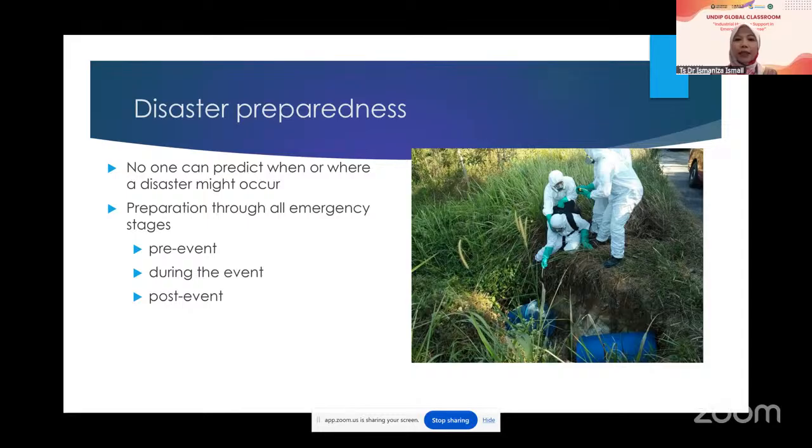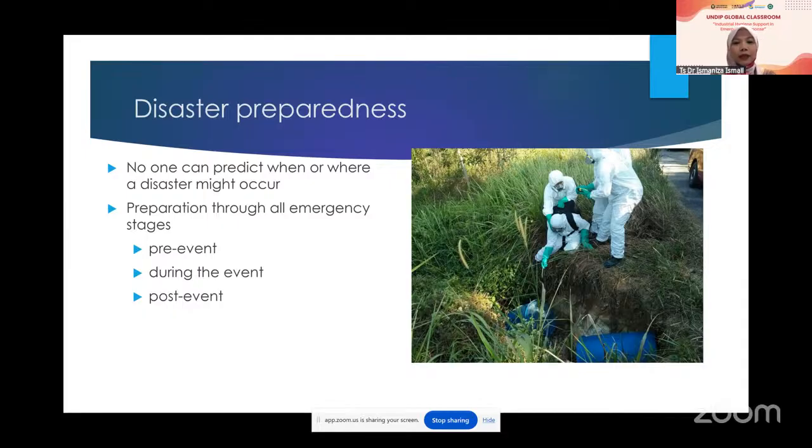But somehow we still behave like it will happen later, somewhere else, to someone else. We always have this mentality that it's not happening now, maybe later, maybe not when we are there. But disasters don't send calendar invites. There's no email saying, hello, I will arrive at 3 o'clock, please prepare PPE. It just happens. That's why it is called emergencies and disasters.